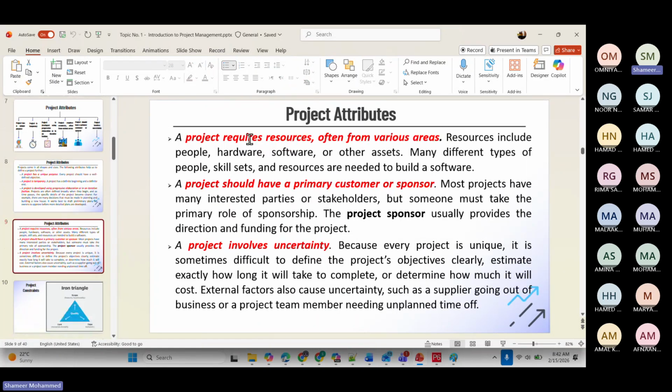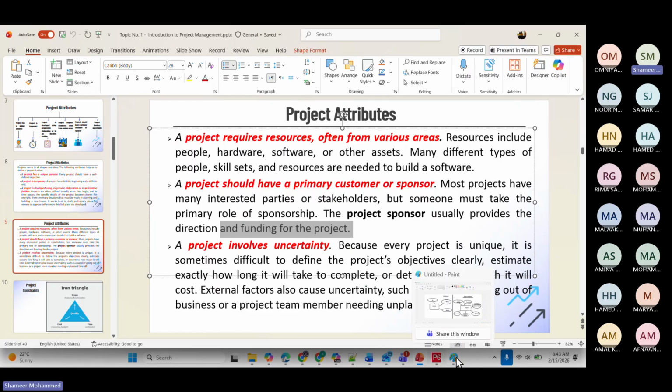Then it requires resources. What are resources? Hardware, software, people, other things like table, chair, internet, servers. All these are the resources you need to do the project. And every project has customers, a sponsor, who will provide the funds. And every project involves uncertainty. So these are the things that I explained.